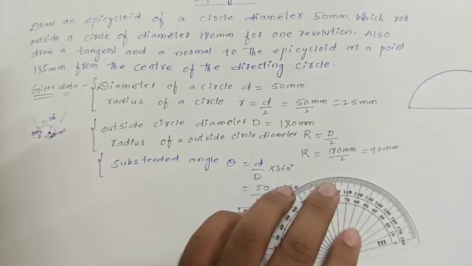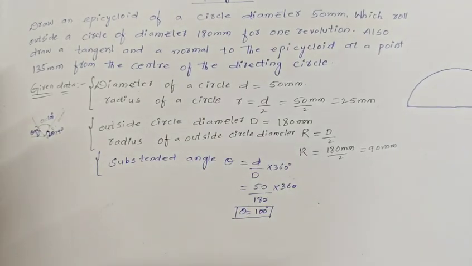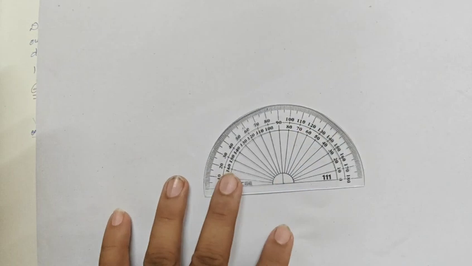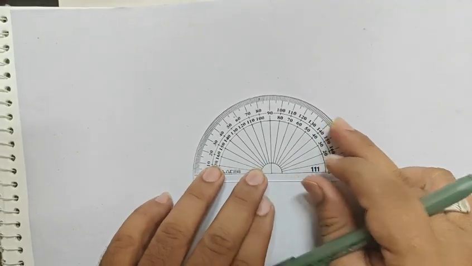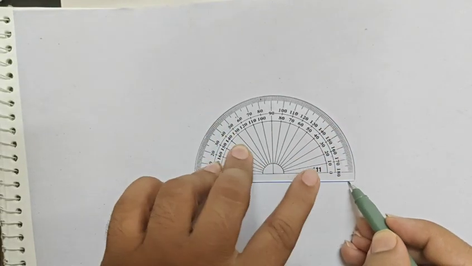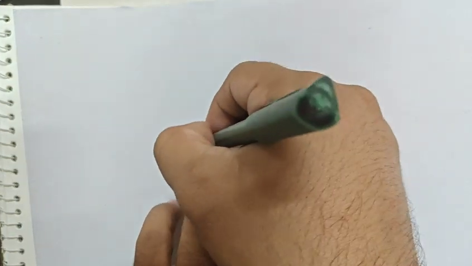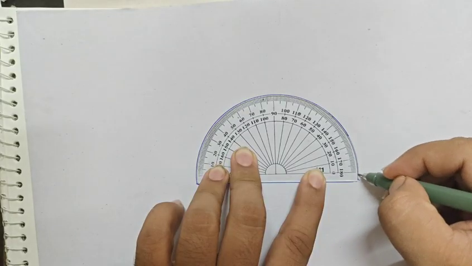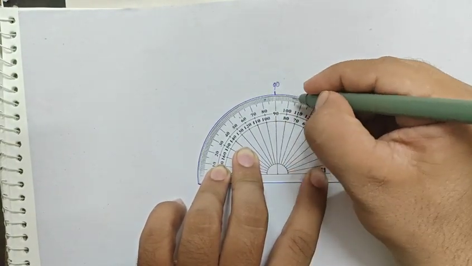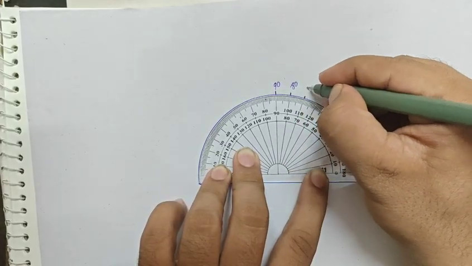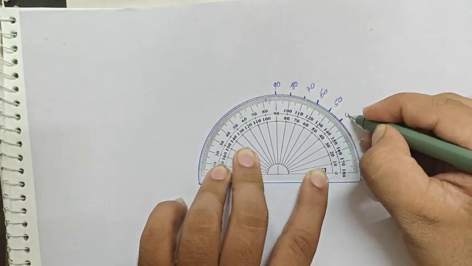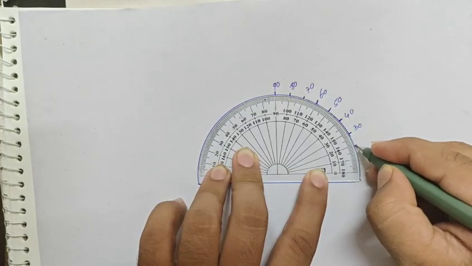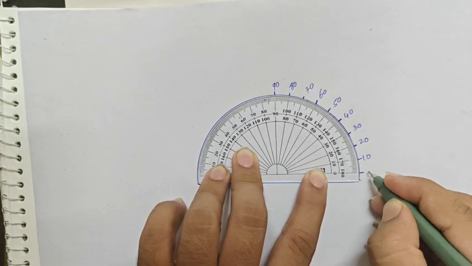Here we have 90, then 80, 70, 60, 50, 40, 30, 20, 10 and this 0.